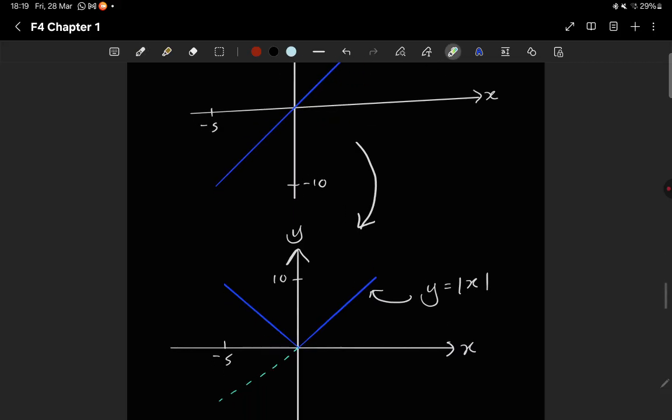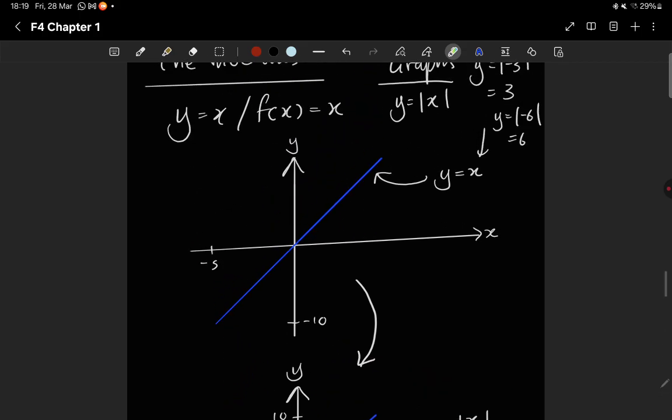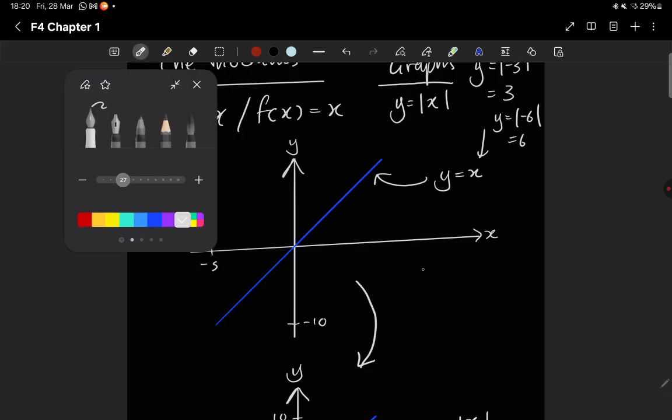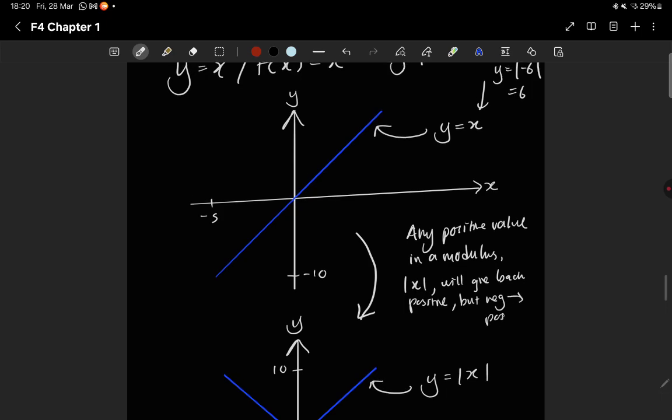Now let me explain why I get this over here. If you can see here, any positive value in a modulus will give back positive, but negative will give you a positive.